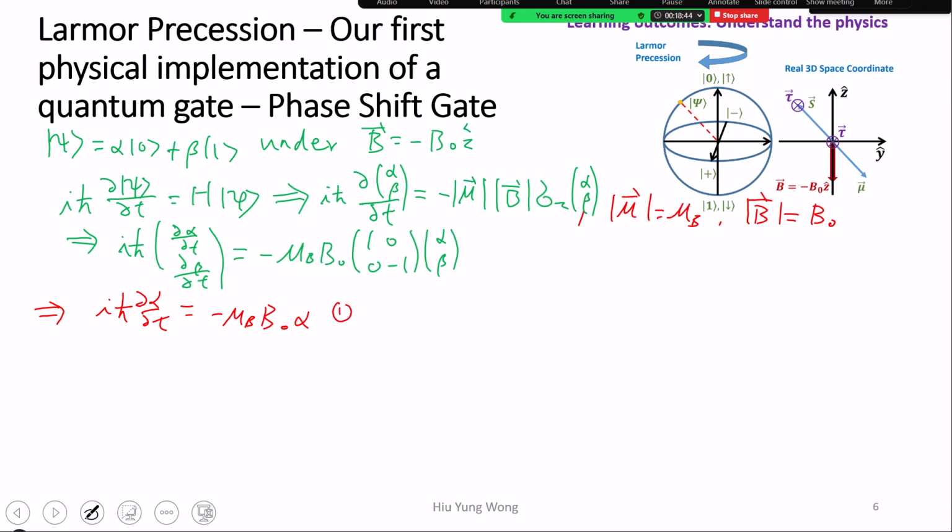The second equation is i h bar partial beta partial t equals mu B B0 beta. This is the second equation. Do you see how I get this one? Anyone help me explain how I get the second equation?